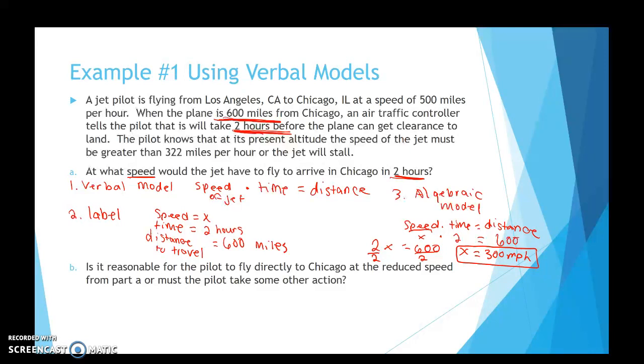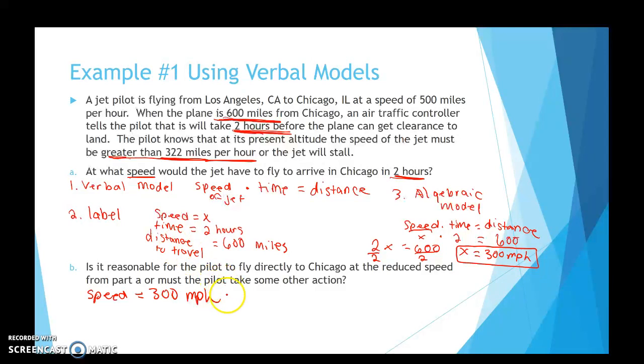Well, within the sentence, the pilot knows that at its present altitude, the speed of the jet must be greater than 322 miles an hour, or the jet will stall. We found that the speed is 300 miles per hour, which is less than the rate it needs to go, otherwise it will stall. So will the plane stall? Yes, the plane will stall.